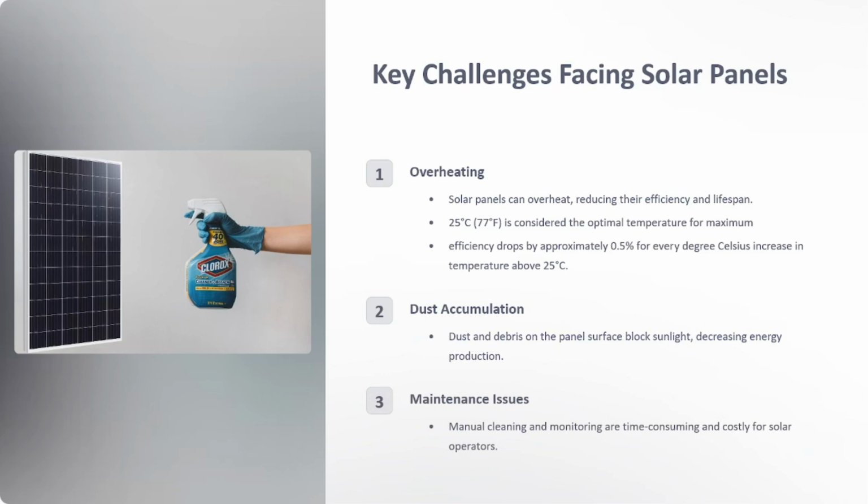And what should be done in order to solve these big issues? You have to do something, right? You may have seen some water pumping mechanism, or people or cleaners getting onto the solar panels and cleaning manually by themselves, which is very costly and very time-consuming work.